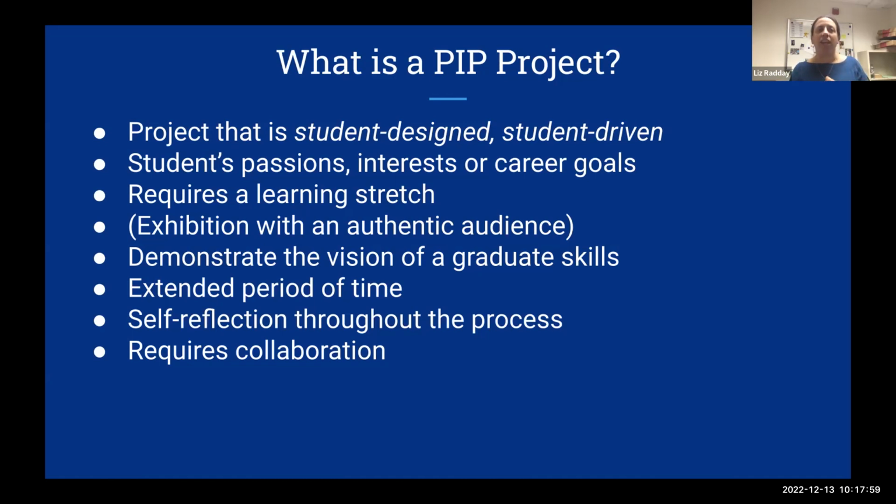If they're already a great knitter, we don't want them to knit a bunch of baby hats if that's something they could already do. We would like them to learn how to crochet or design their own knitting projects. So that learning stretch is really important. Otherwise, they get really bored. If it's something they could already do, they're not as engaged.